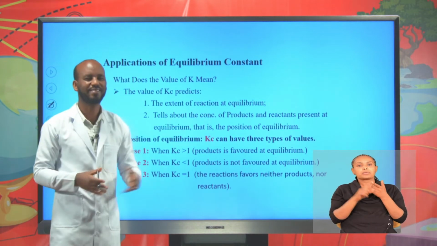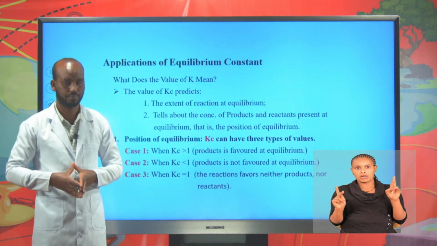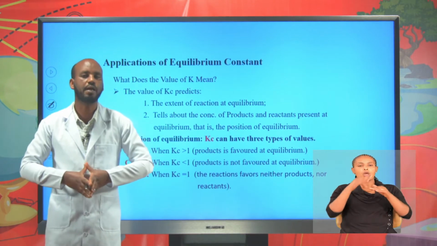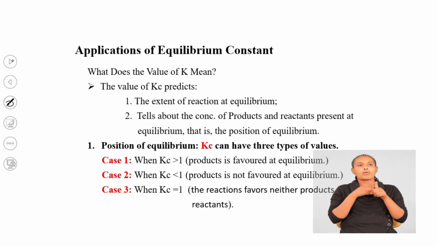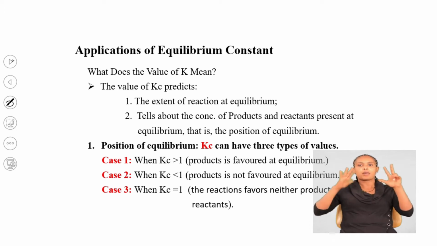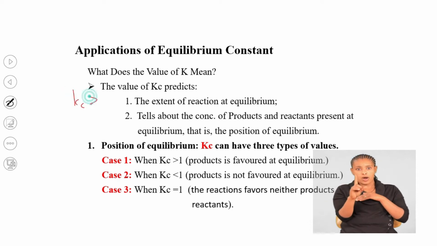It tells about the relative concentration of reactants and products, or the equilibrium position. On the position of equilibrium, Kc can have 3 types of values. Case 1, when Kc is greater than 1.